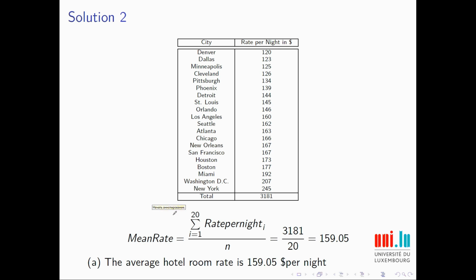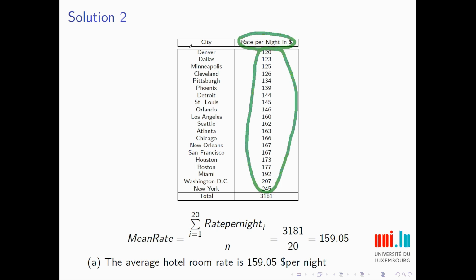So here's the way we calculate the mean. We just sum up the variable of interest, in this case the rate per night, across all entities in our table, across all elements. First we have to find the total, which is the sum of all the rates.